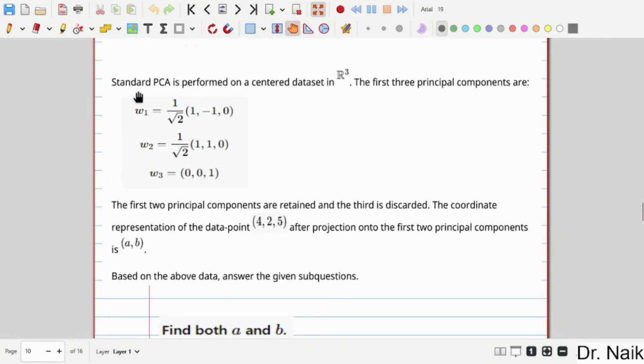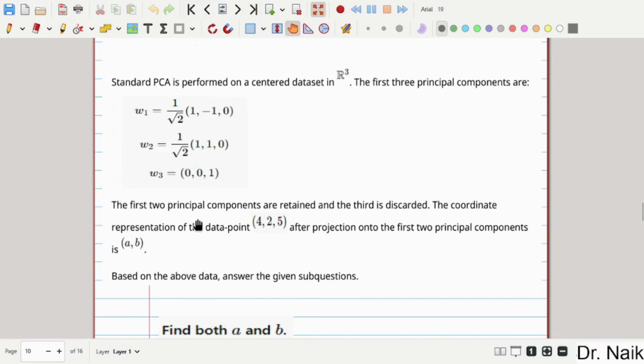Next question. Standard PCA is performed on a centered data set in R3. The first three principal components are W1 equals 1 upon square root of 2 multiplied by (1, -1, 0), W2 is 1 divided by square root of 2 times (1, 1, 1), and W3 is (0, 0, 1).